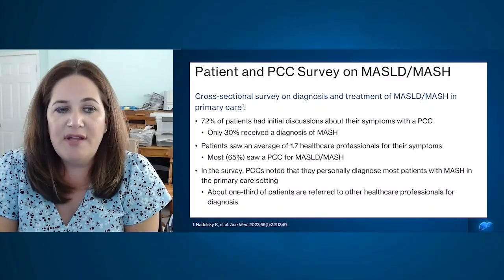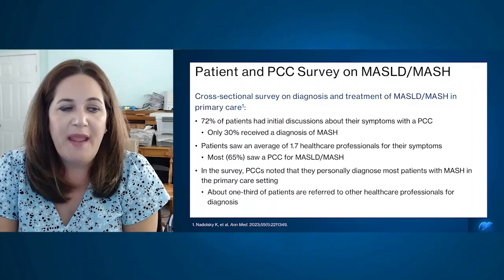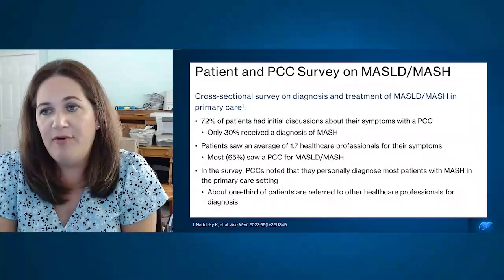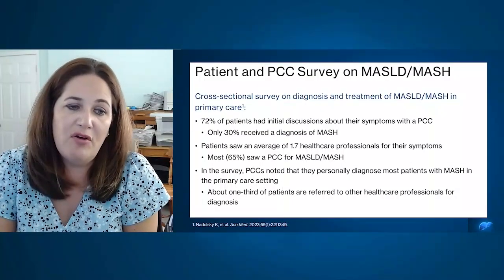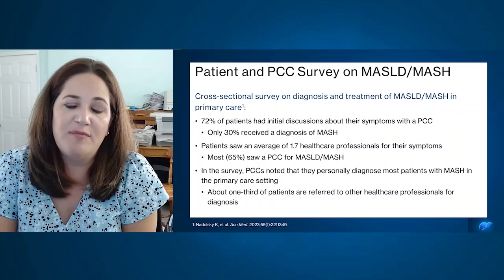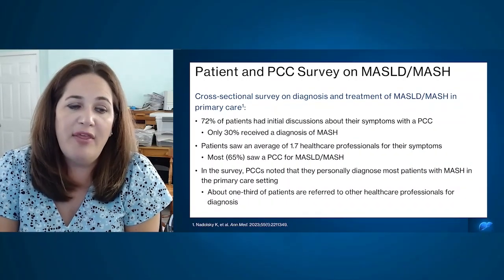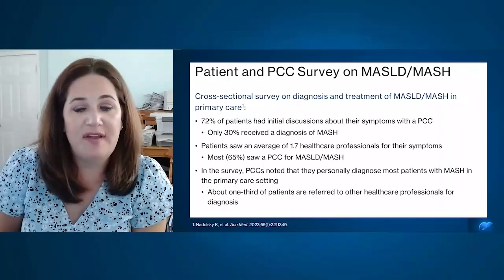Patients saw an average of 1.7 healthcare professionals for their symptoms. Most, or 65%, saw a PCP for fatty liver disease. In the survey, PCCs noted that they personally diagnosed most patients with MASH in the primary care setting. About 1/3 of patients are referred to other healthcare professionals for diagnosis.